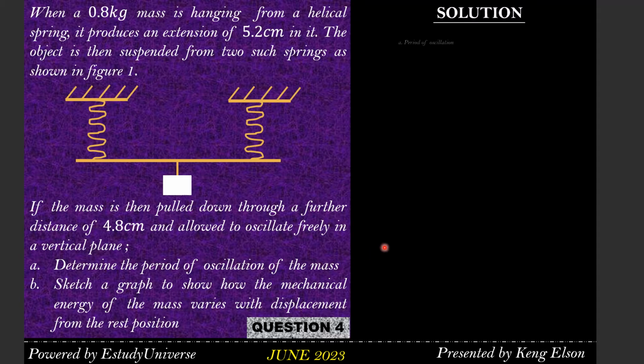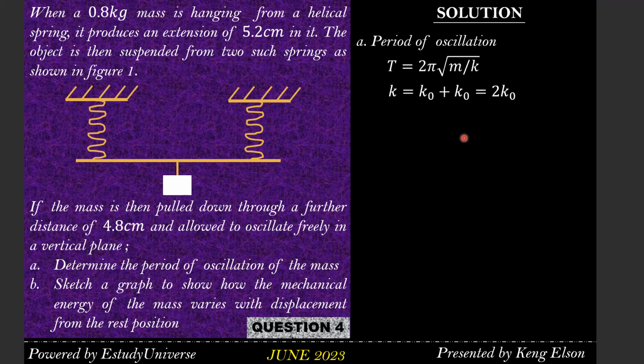So the period, first of all, since it is a mass-spring system, is given by 2 pi the square root of m over k, where m is the mass of the object and k is the spring constant. Now this k is basically the sum of the spring constants of the two springs, but the two springs are the same, because they say two such springs.